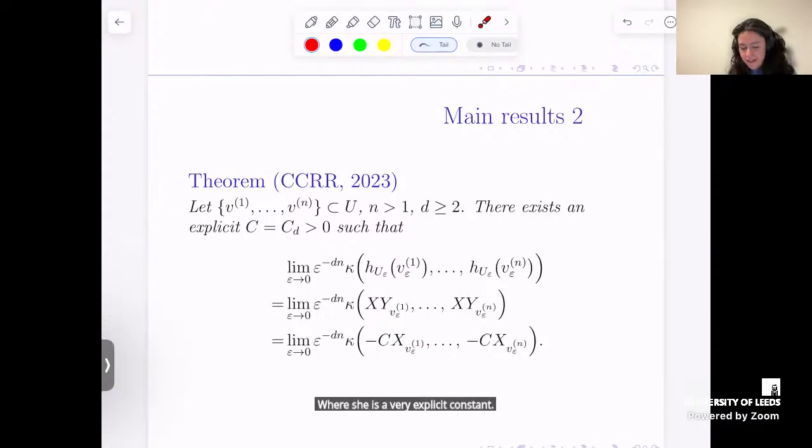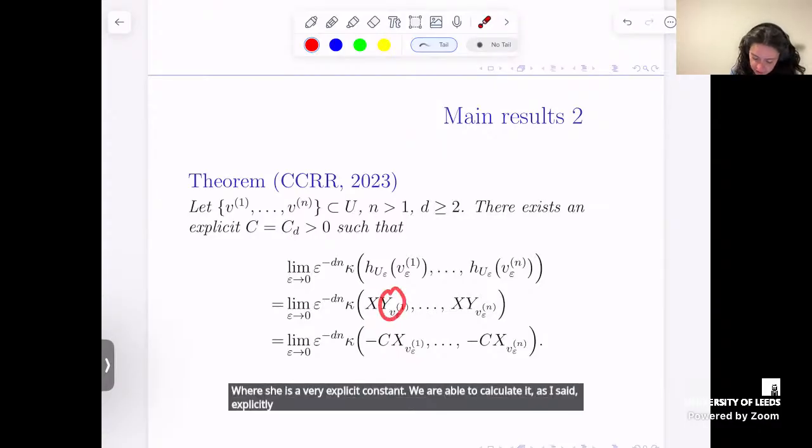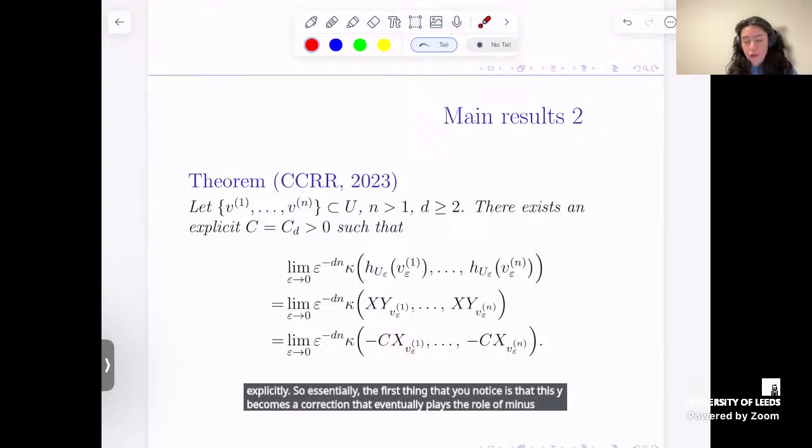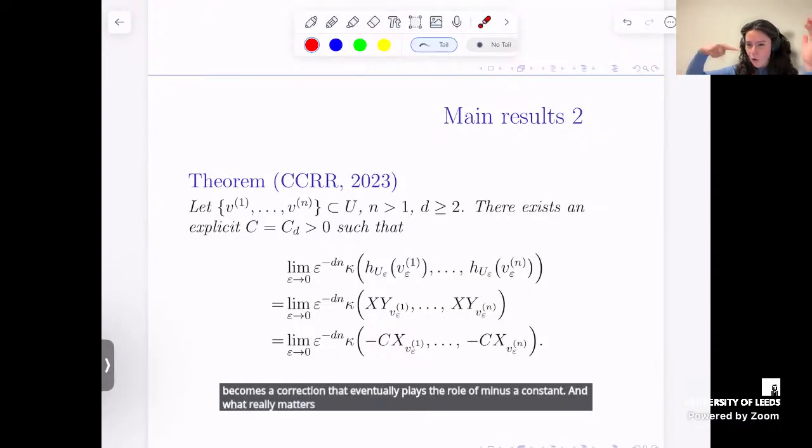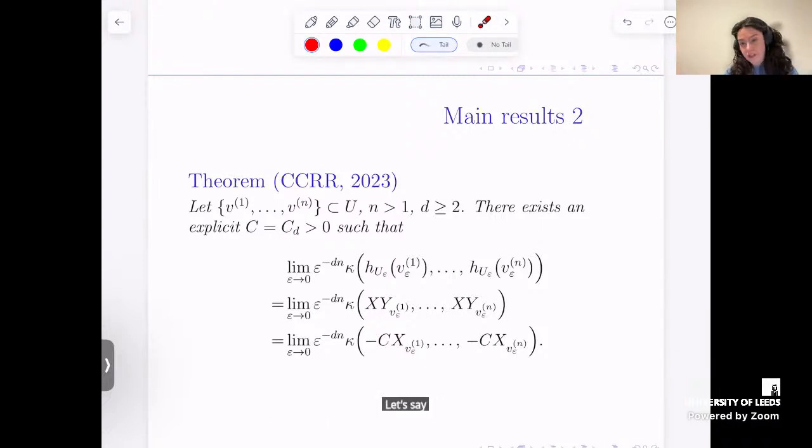We are able to calculate it, as I said, explicitly. So essentially, the first thing that you notice is that this y becomes a correction that eventually plays the role of minus a constant. And what really matters is the choice of how you enter into the field V.